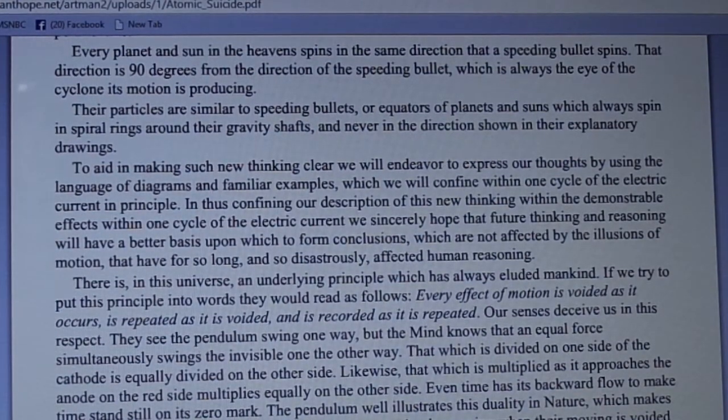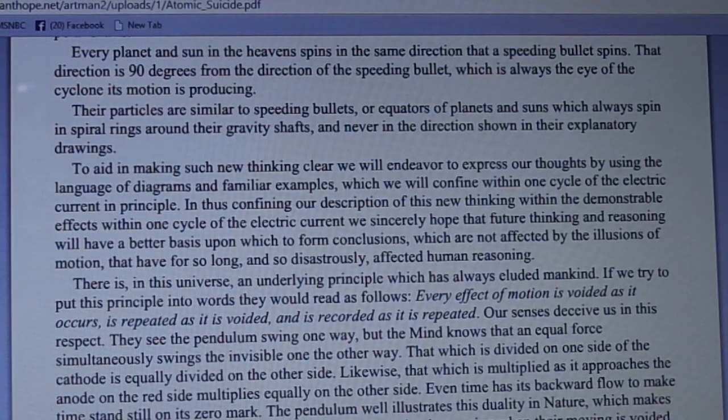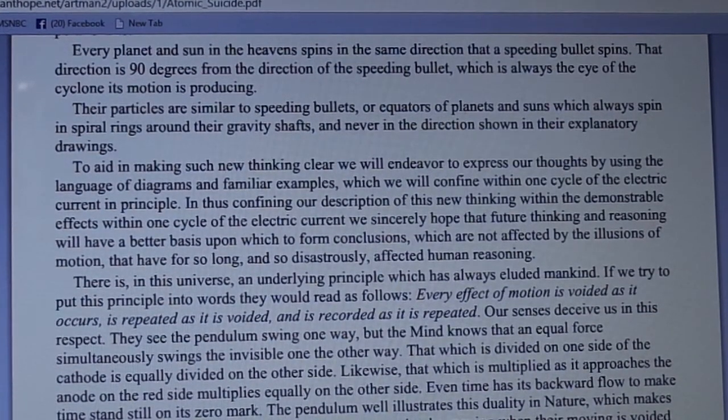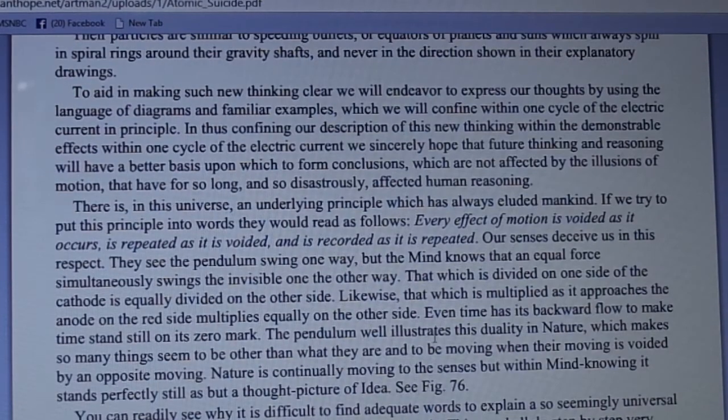They see the pendulum swing one way, but the mind knows that an equal force simultaneously swings the invisible one the other way. That which is divided on one side of the cathode is equally divided on the other side. Likewise, that which is multiplied as it approaches the anode on the red side multiplies equally on the other side.